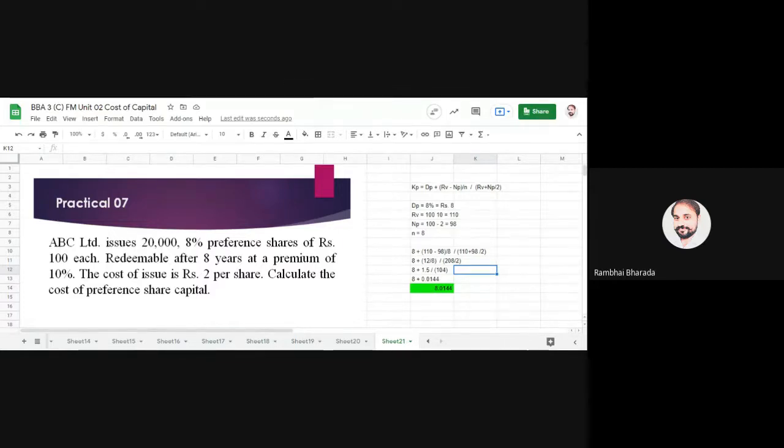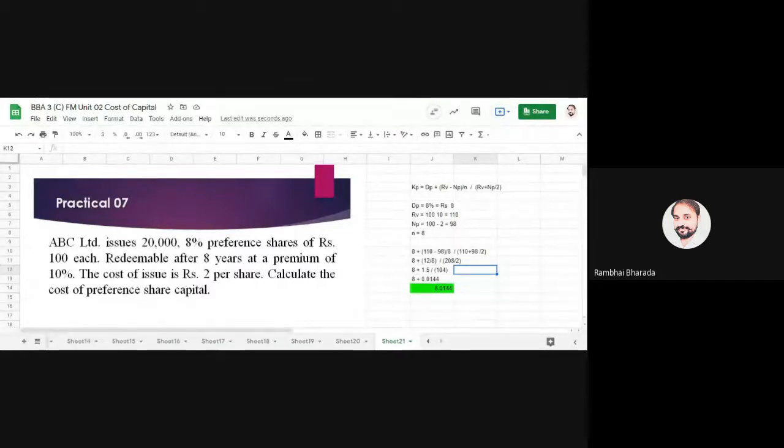We first work on the top, then we work on the bottom, then we divide the top over the bottom, because according to the formula, the way your math works. Your formula looks like this.